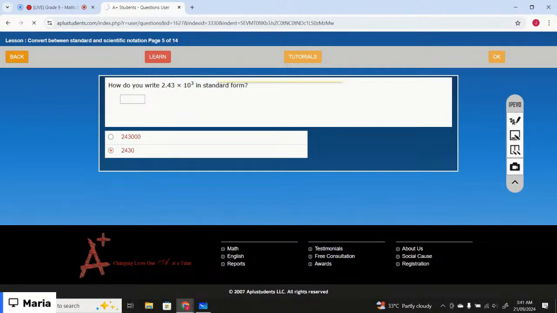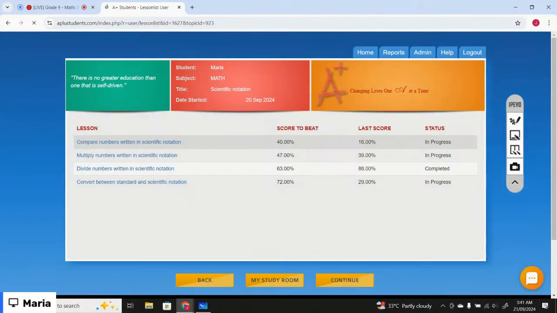Okay, you can complete the lesson by yourself later today. So we were working on grade 9 math. The chapter we were working on is scientific notation. The lessons we have covered today are compare numbers written in scientific notation, multiply numbers written in scientific notation, divide numbers written in scientific notation, and convert between standard and scientific notation.